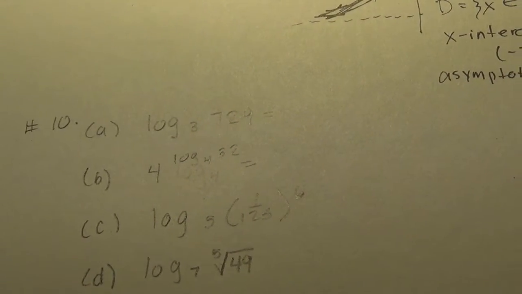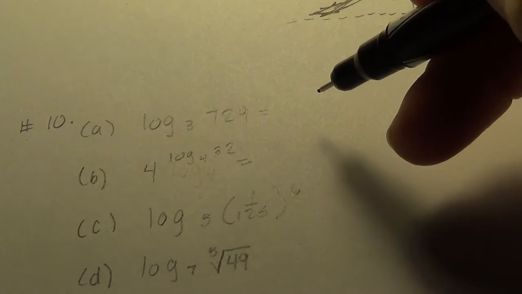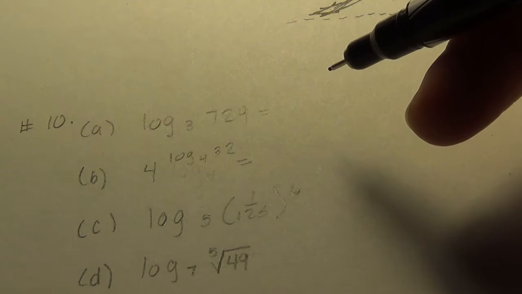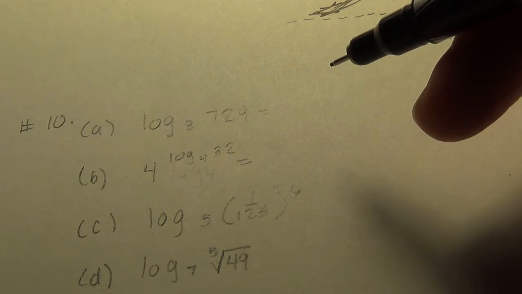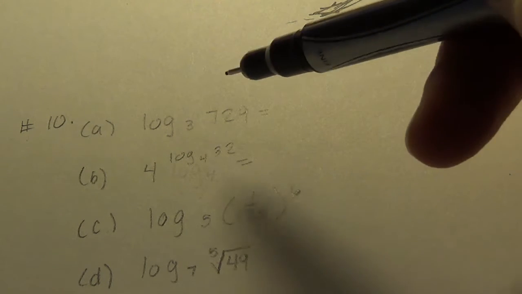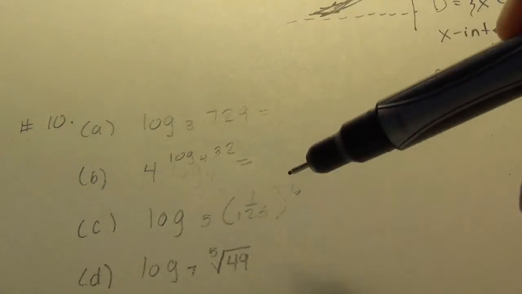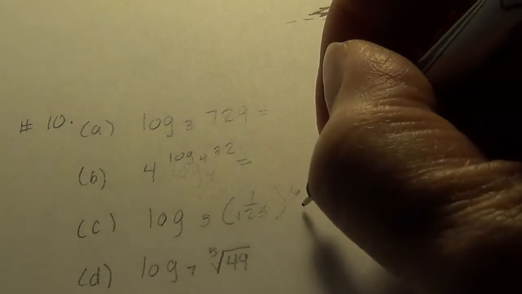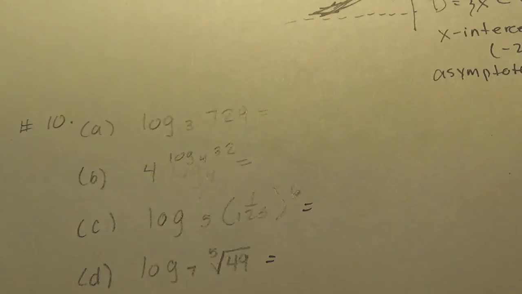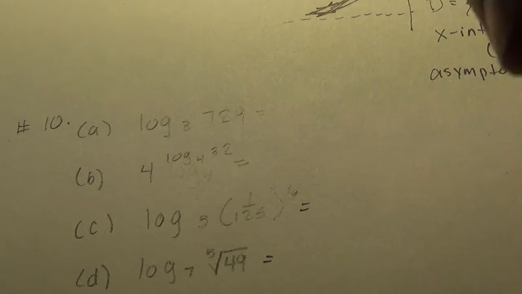Not right now, although it's nice. On this section, you were asked to do these without a calculator. So go ahead and do all 4, turn off the video, and after a given number of minutes, turn it back on and check against my work.